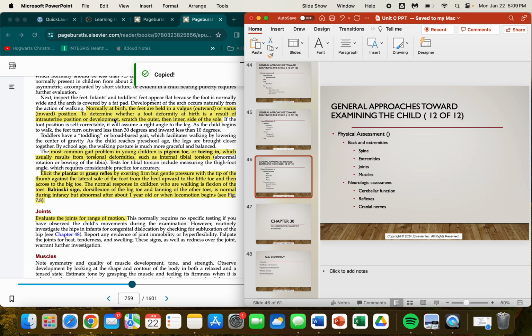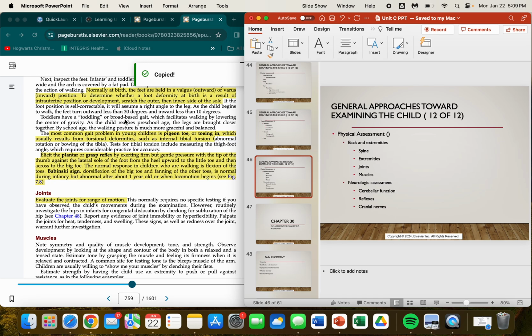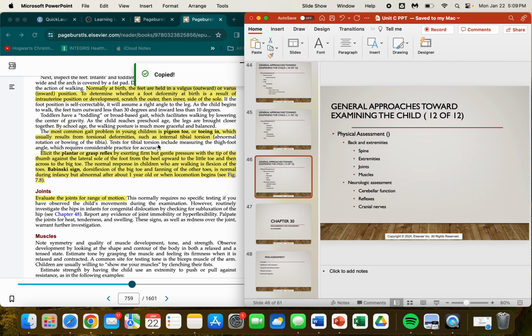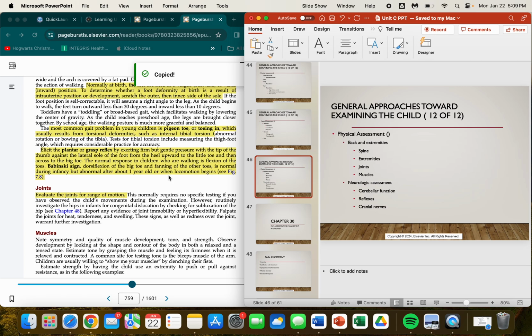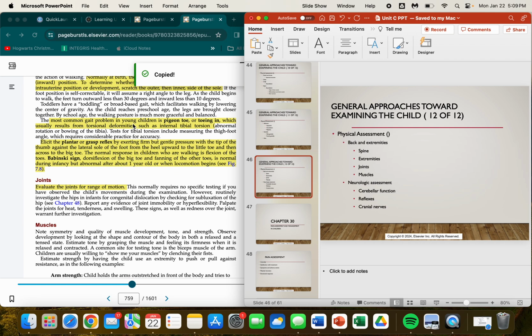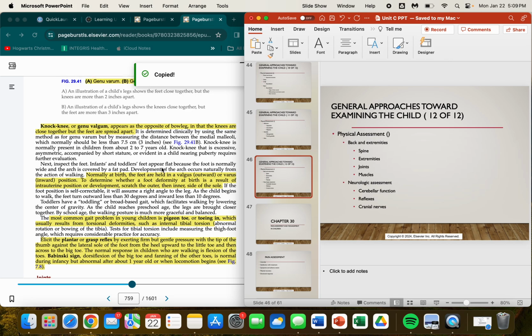That's a little bit more advanced practice, but that's just something to note. Gait problems can be noted as what we call pigeon toeing, which sometimes results from internal tibial torsion. So that's something to make sure that we note in the gait of a child, if they have an issue.